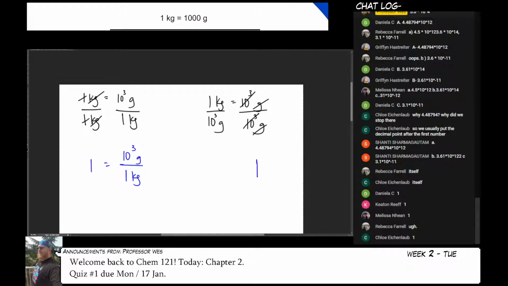And so now I get 1 equals this thing. Now, if I have something equals 1 and something else equals 1, what must be true about those two somethings? Well, they must equal each other, right? And so we have created this relationship.